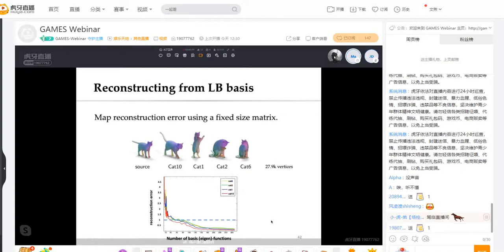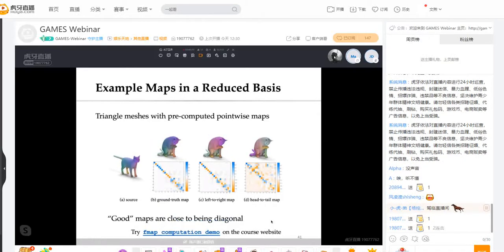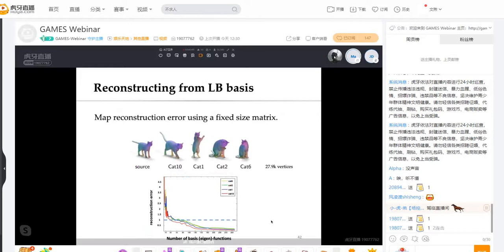Okay, so what's nice is that we can either use the full basis, so we can take all of the basis functions, or we can use a truncated basis, so only use the first k smoothest functions, the functions corresponding to the lowest frequencies. So let's say I have this map between the source shape and different target shapes of these different kinds of cats, and they have about 28,000 vertices each.